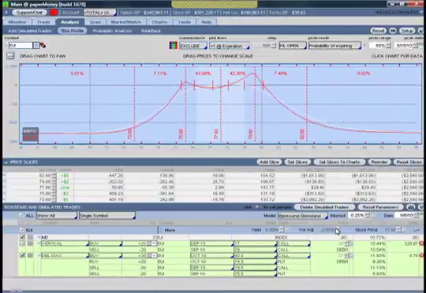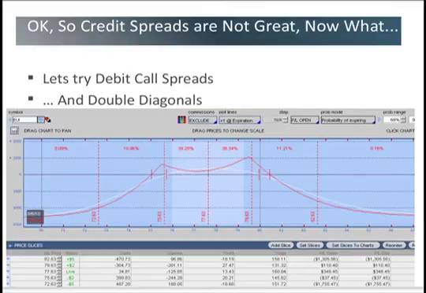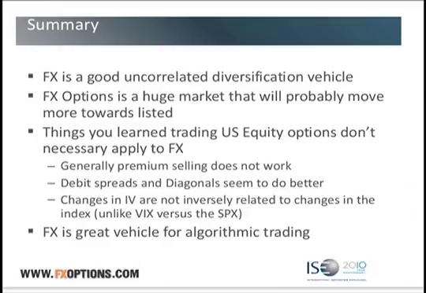Okay, let me switch back to this. So in summary, the very first thing is that FX in general is a great vehicle because of the way the correlation structure works, in that it's not correlated to a lot of the other assets.